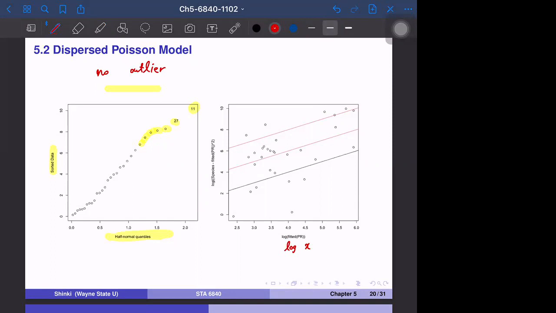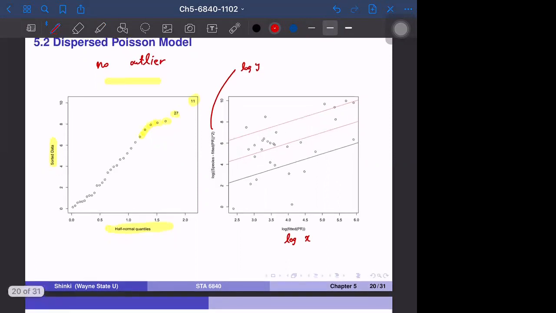The vertical axis is the log of the variance, and the horizontal axis is the log of the expectation of y. So we should have the relationship log of y equals log of phi plus log of x. And I wrote 3 lines.